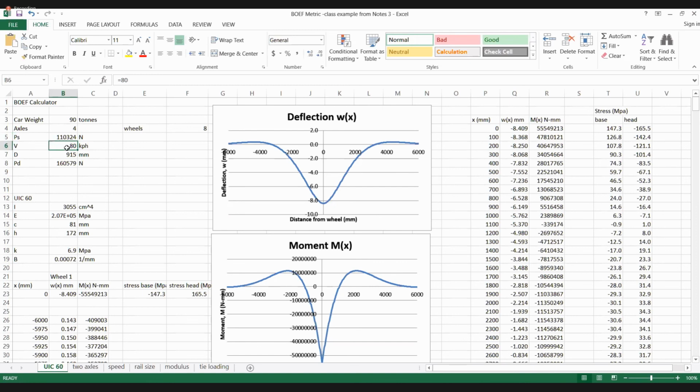If my vehicle is going at 80 kilometers per hour, my wheel diameter is 915 millimeters. My dynamic wheel load is 160 kilonewtons.